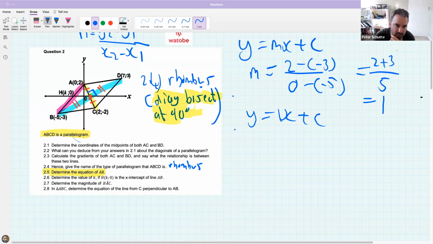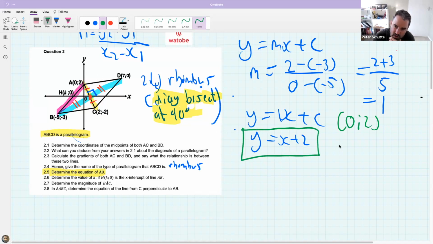And actually, if I look at this, it's cutting the y-intercept at 2. So it actually has to be y equals x plus 2. I could sub the point 0, 2 in to find c, but I can literally see it. So we know the equation of the line AB is y equals x plus 2.